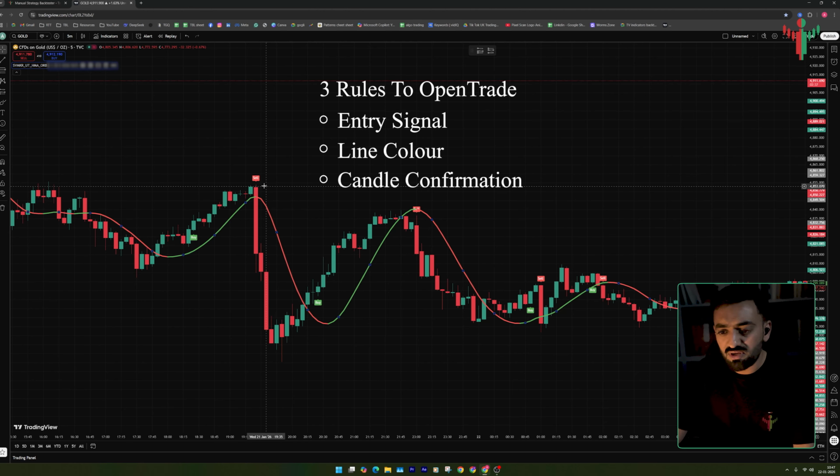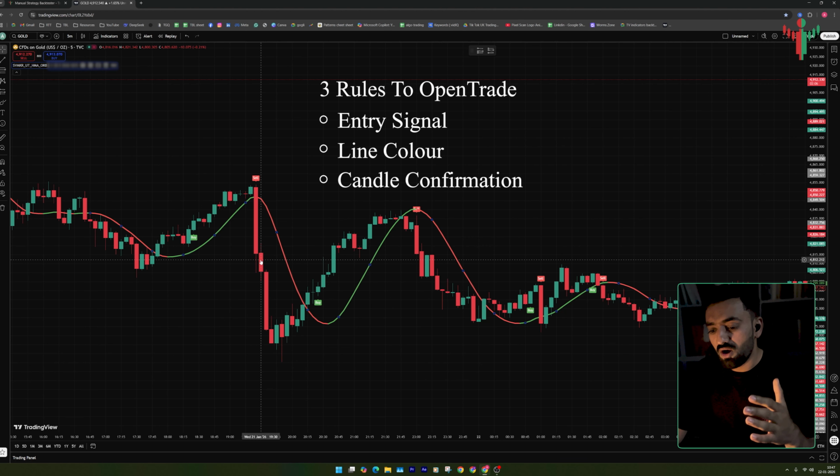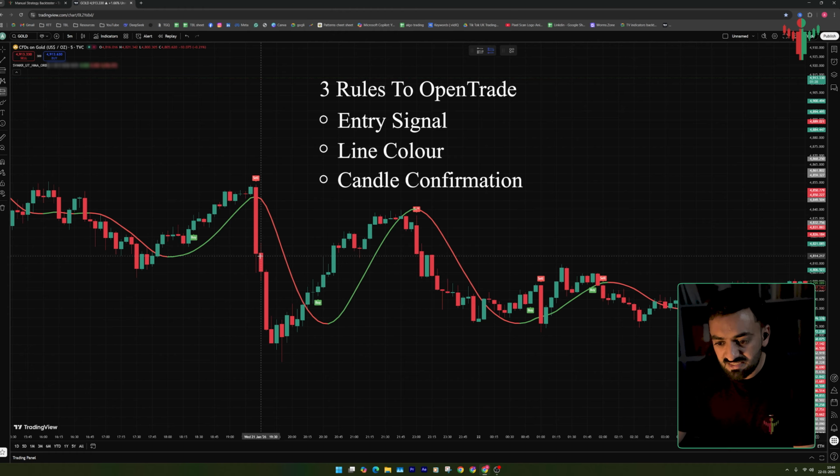So look, here is the sell signal. The first condition is met. Then we will look for the second condition. The line should be red, but on this candle the line was green, so we will wait for this line to turn red. On the closing of the next candle, this line turns red, and the last closed candle is a bearish candle, so I will open a sell trade here exactly on the closing of this candle.